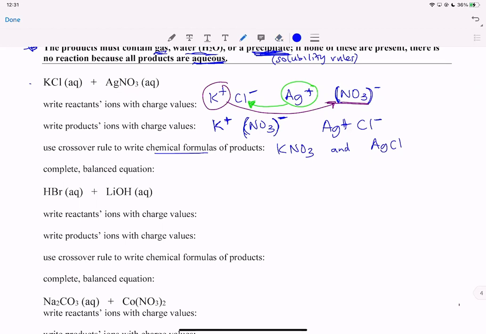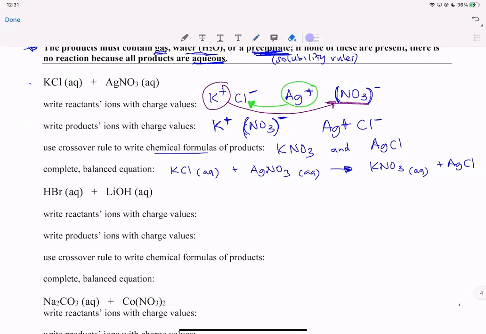So those are the reactants: KCl(aq) plus AgNO3(aq). And then you have an arrow. On the other side, you have your products, but you don't know those physical states yet. So I'm just going to write KNO3 and AgCl.